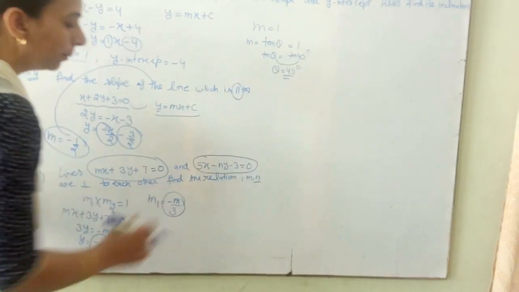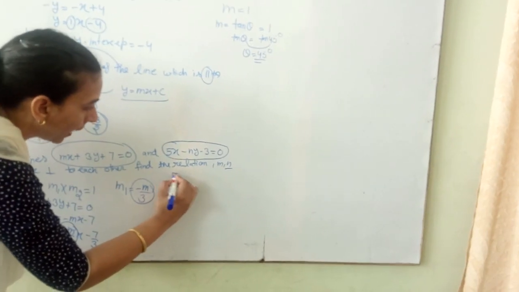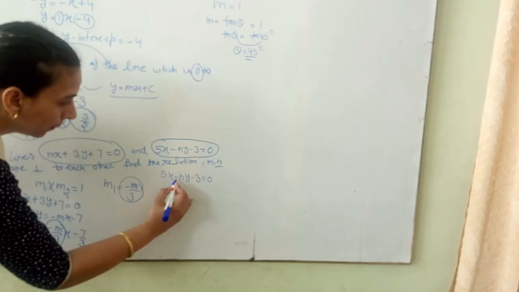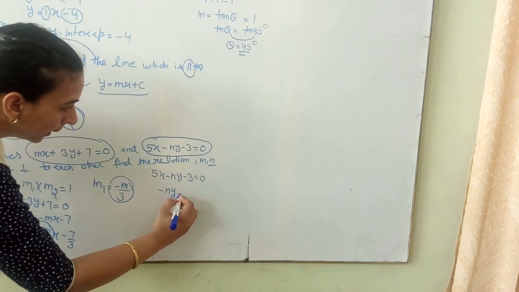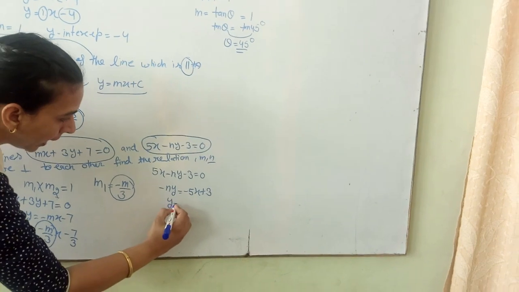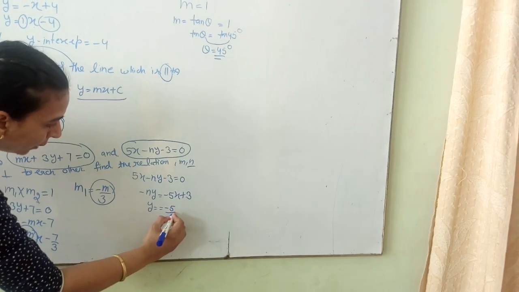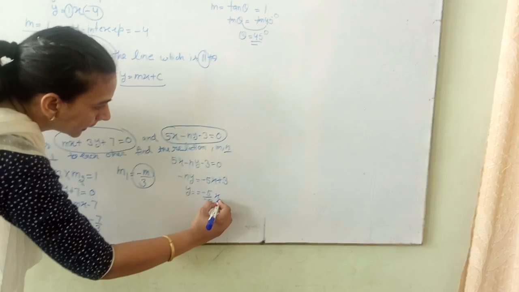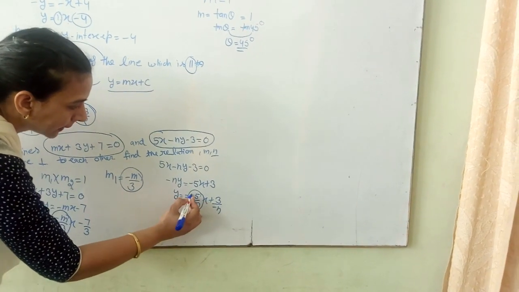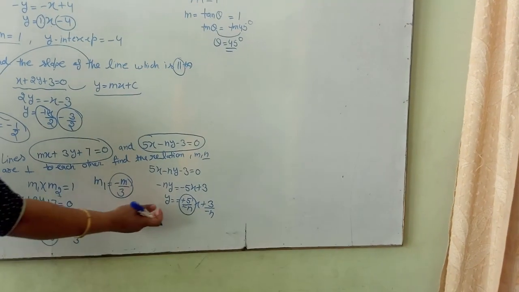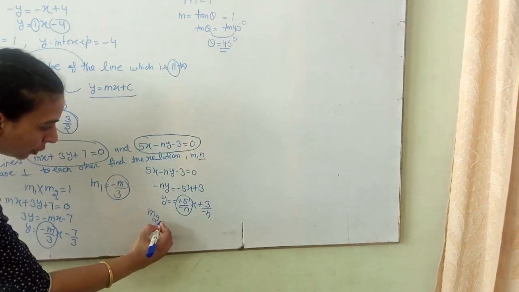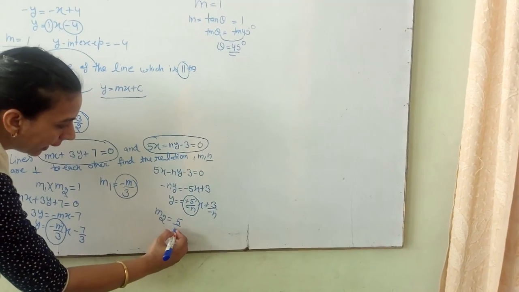In the same way, we find the slope of the next line, 5x minus ny minus 3 equal to 0. First we convert it: ny equal to 5x minus 3, and y equal to 5 by n x minus 3 by n. The coefficient of x, 5 by n, is the slope of the second line. Then the slope of the second line m2 equal to 5 by n.